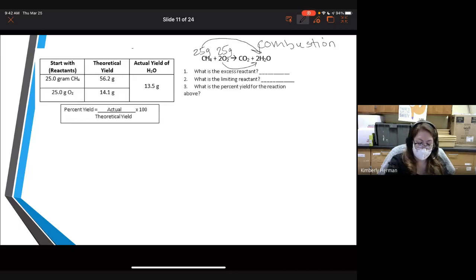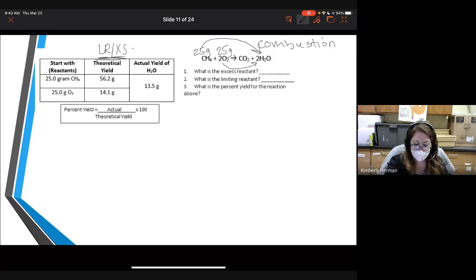So remember, when we're looking for our limiting and excess reactants, we're looking at the theoretical. This theoretical just means that you've done the math and you figured out that if you go from grams of CH4 to grams of water, you're going to see that you make 56.2 grams. The bottom part is if you had 25 grams of oxygen, you're going to make 14.1 grams of water.